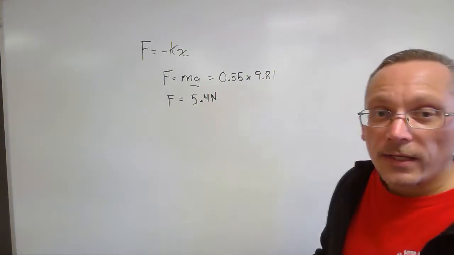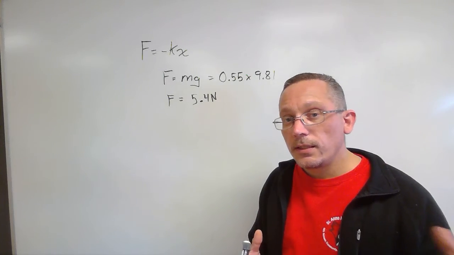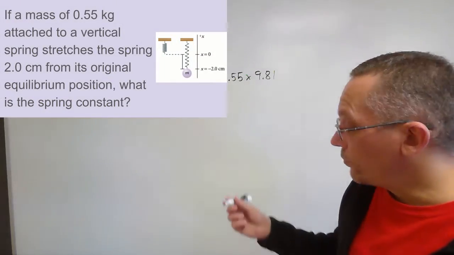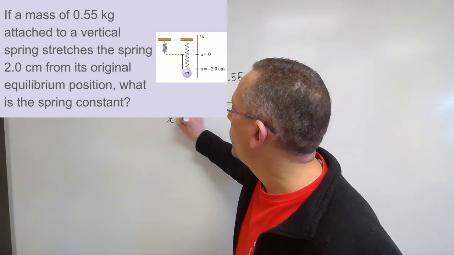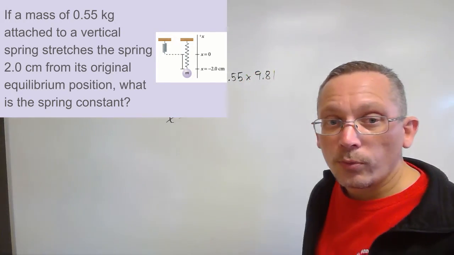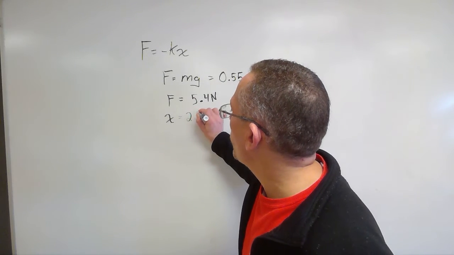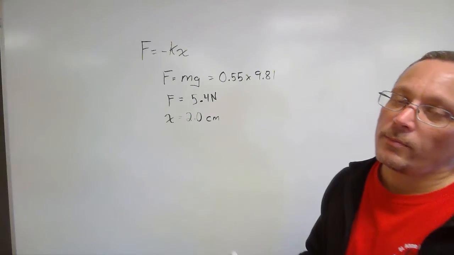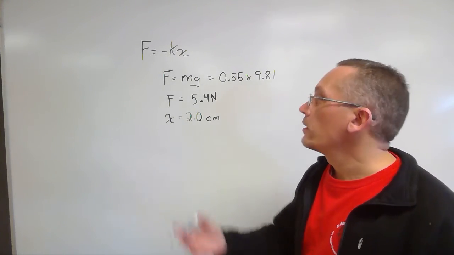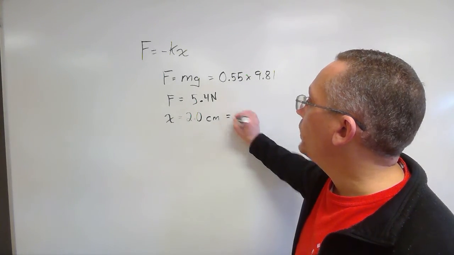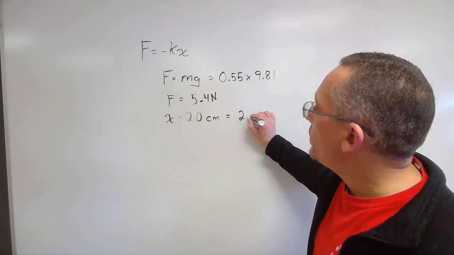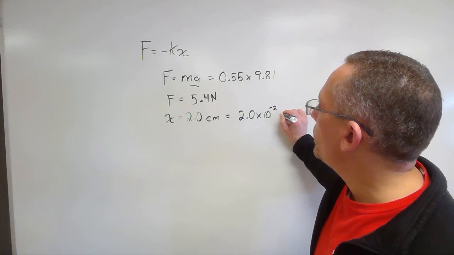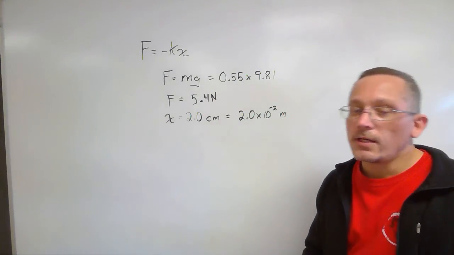And then the problem tells us that the displacement, how far it's stretched, is 2.0 centimeters. Of course, we don't want to do our math in centimeters, we want it to be in meters. So let's change that into meters. Centi means 10 to the minus 2. So I'm just going to write 2.0 times 10 to the minus 2.